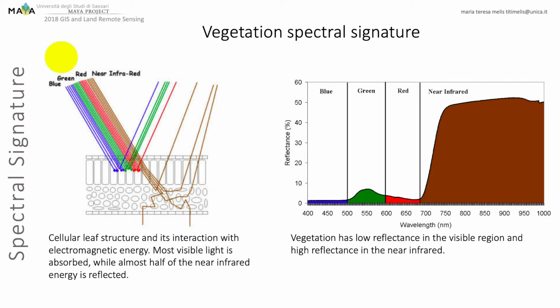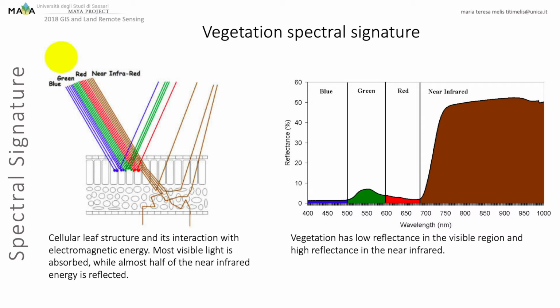Vegetation spectral signature is related to different characteristics of the vegetation, that is the capacity to reflect light, and we see that the reflection of green light is very clear.